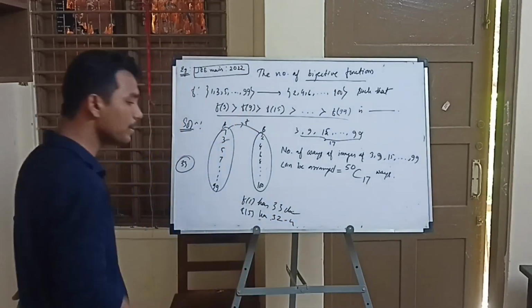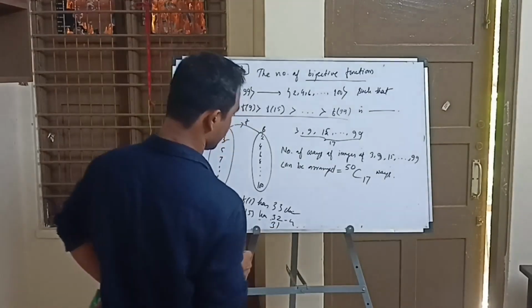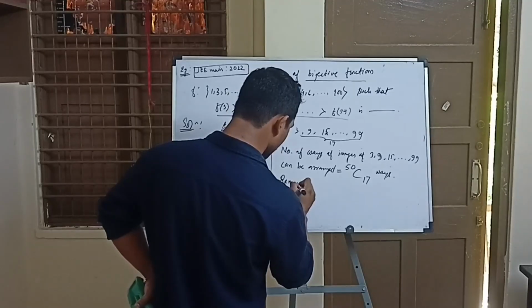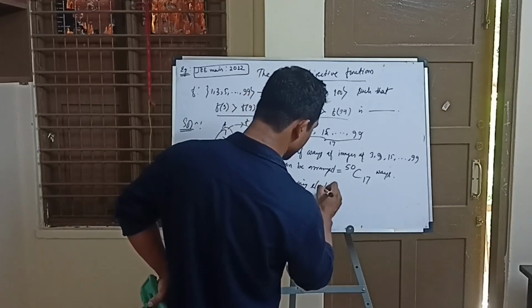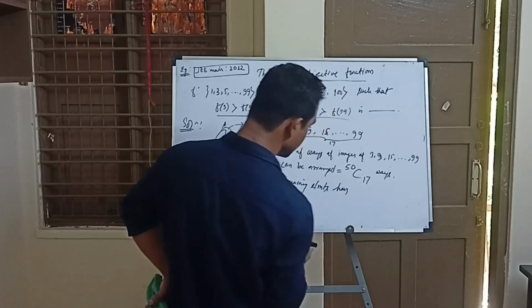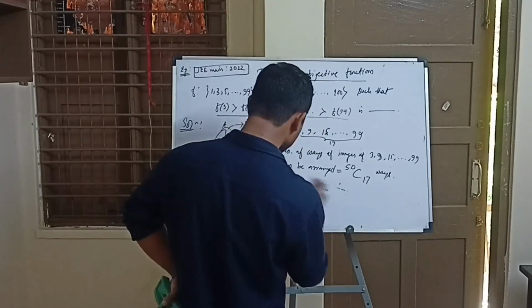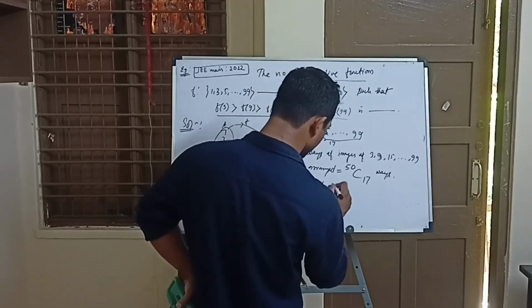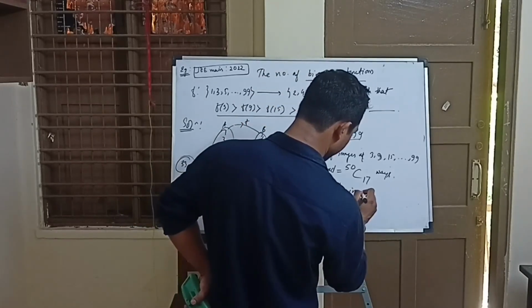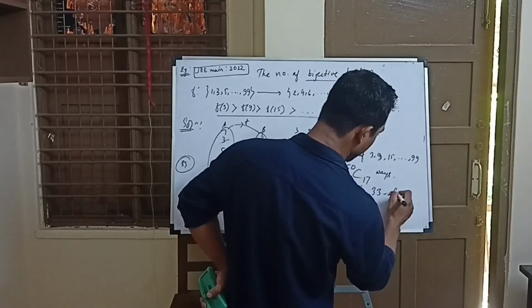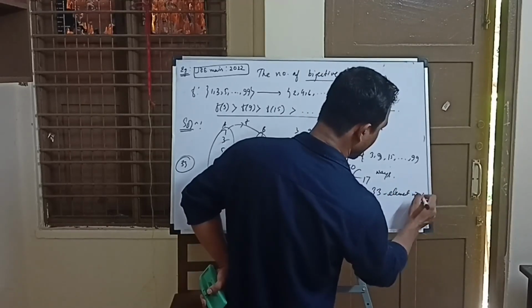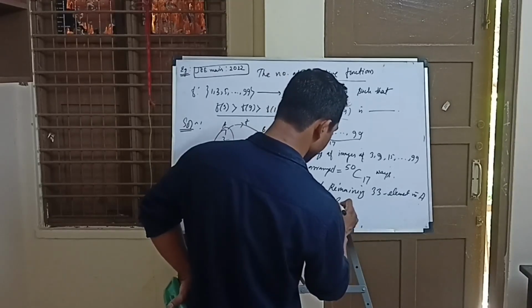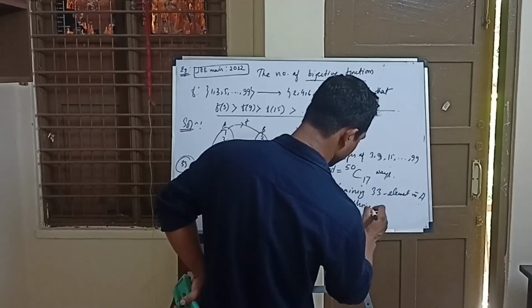Then the image of 7 has 31 choices. So the images of the remaining 33 elements in A have 33 factorial choices.